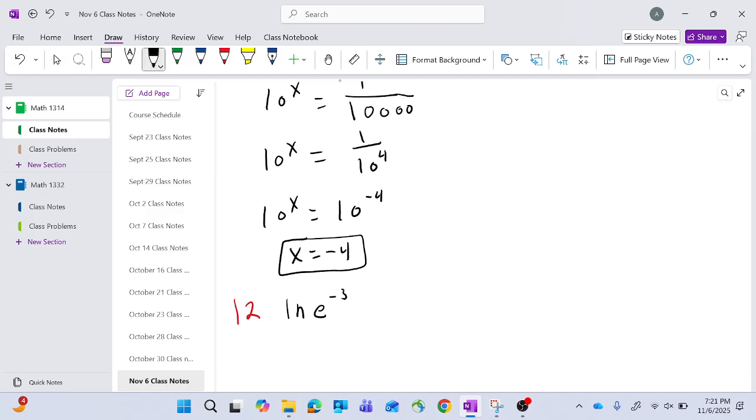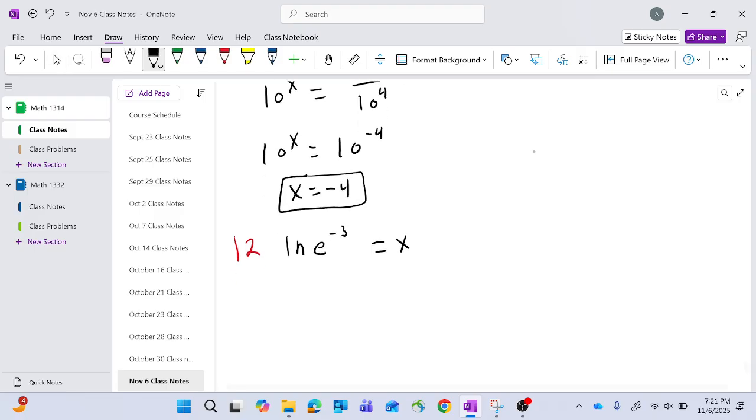Well, again, just set this equal to x. So remember, natural log is just a base of e. So what you really have is e to the x equals e to the negative 3. So x equals negative 3.